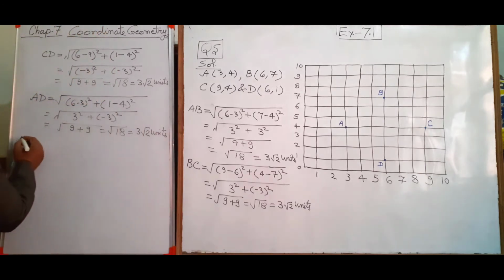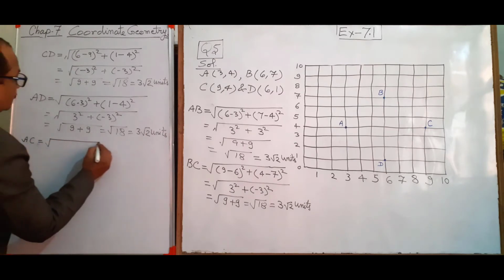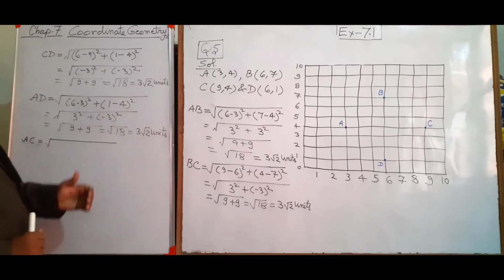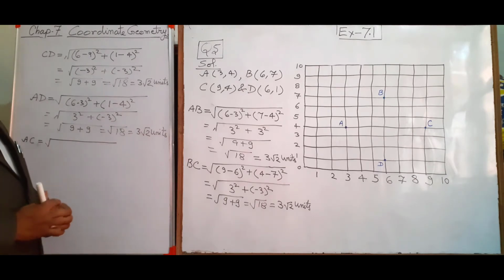So we can also calculate the length of diagonal AC using distance formula. By observation we can say, but in the question it is told using distance formula we have to show.